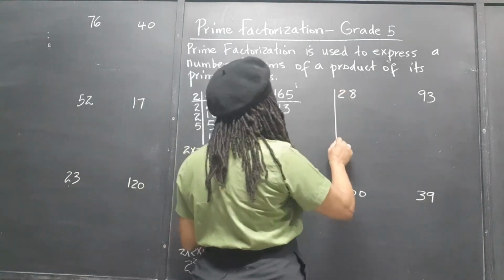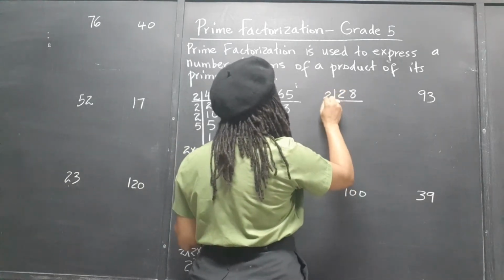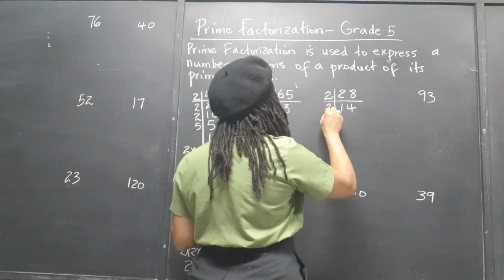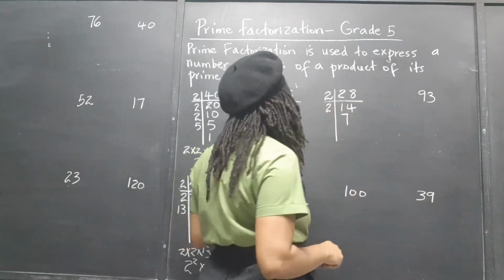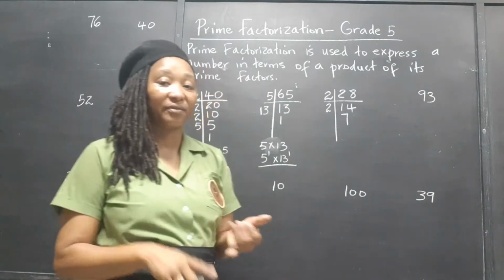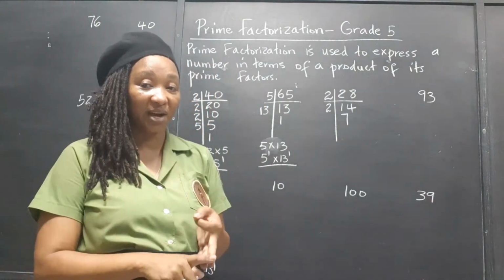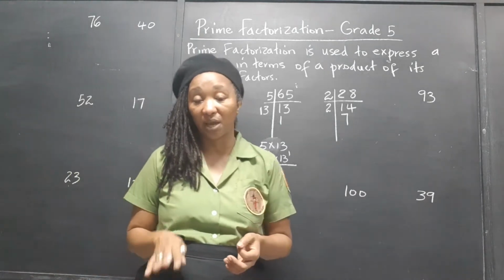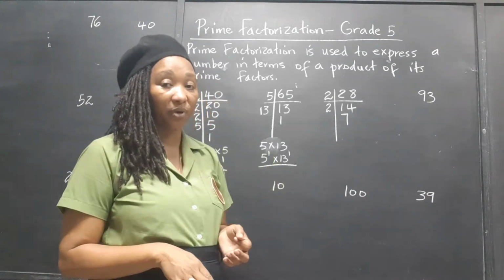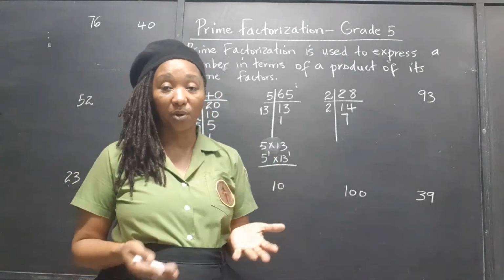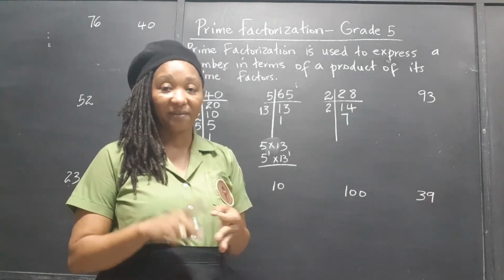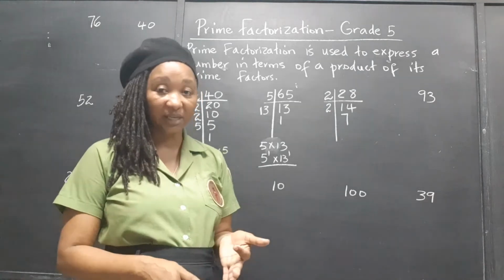28. It's even, so 2 can go 14 times. 2 into 14, 7. 2 can't go into 7. 3 can't go into 7. 5 can't go into 7. Remember, we only want the prime numbers that can go into the number, right? And the first set of prime numbers, 2, 3, 5, 7, 11, and so on.